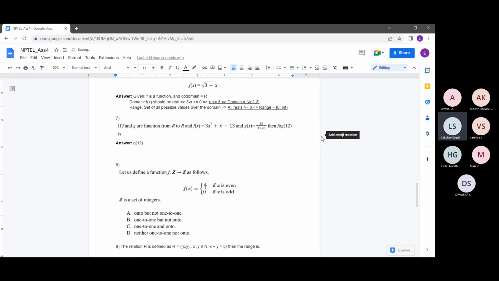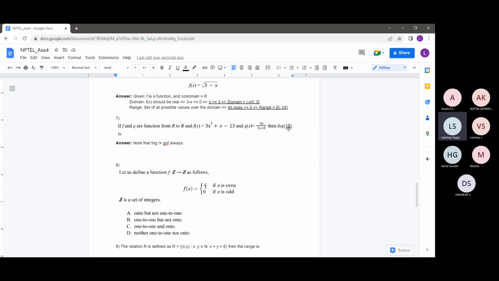Another thing to note is that FOG is not equal to GOF always. Sometimes it may be equal, but FOG is not equal to GOF always. So this ordering is also important. I think you guys may already know, but just pointing it out.